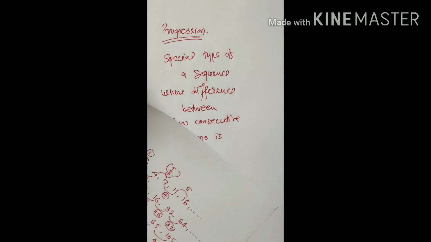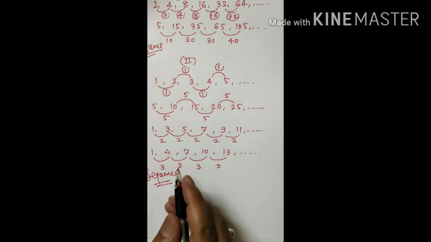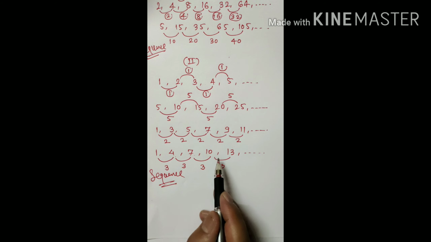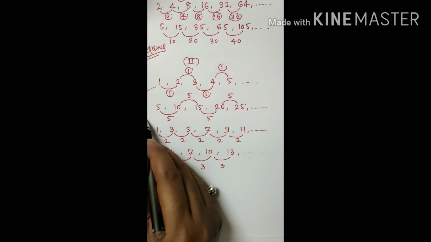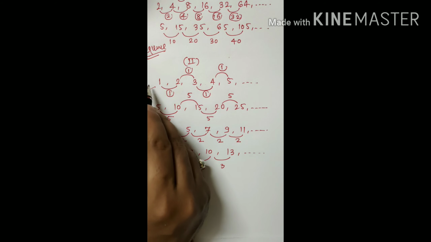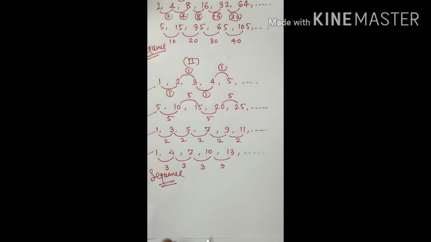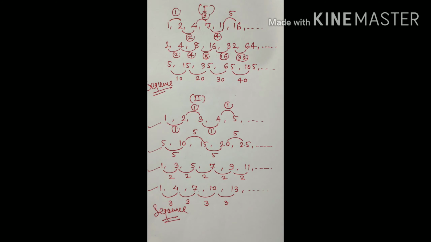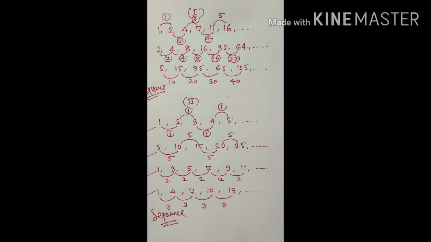Means what, student? This is a progression because the difference between two terms is always the same. In the first, second, third, and fourth, you will find the difference between two terms is constant. So this is what, student? Progression. Now I want to explain, student, the difference between sequence and progression.